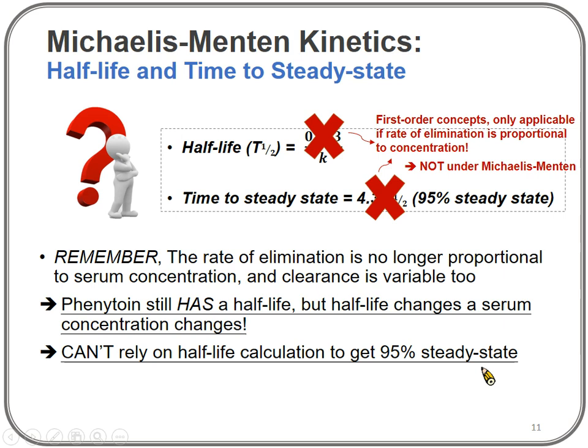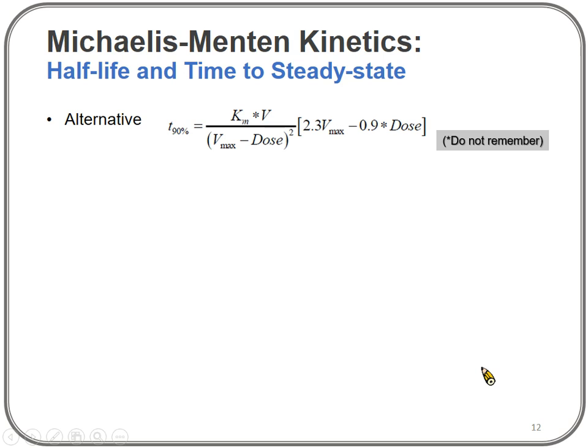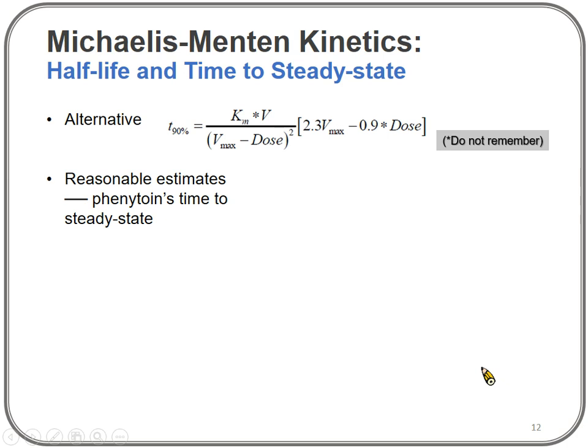So we cannot merely rely on half-life calculations to get 95% of steady state. Here is an alternative equation I provide to you, but we do not normally apply this equation in clinical situations. It's just for your reference to know that these can still be inferred mathematically.